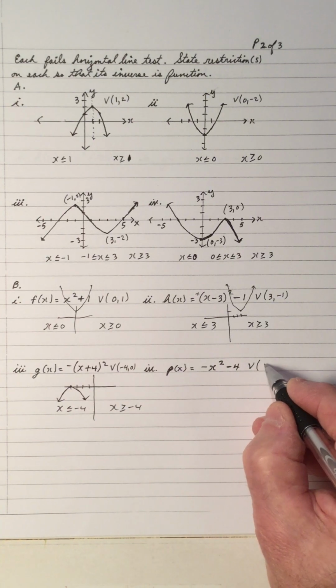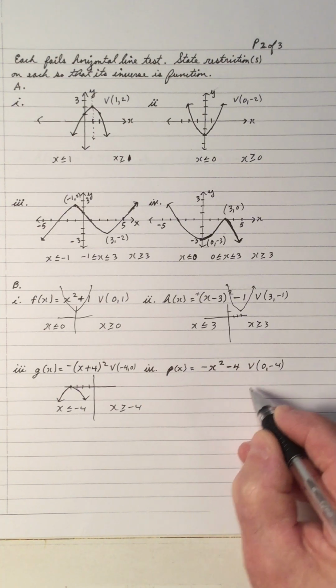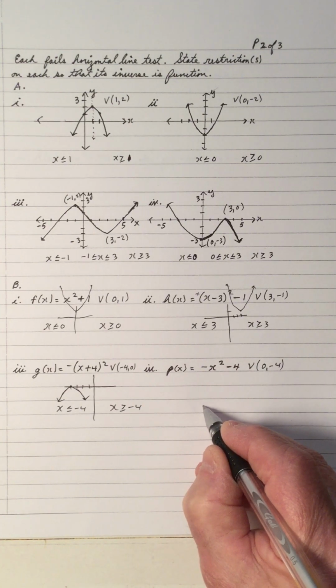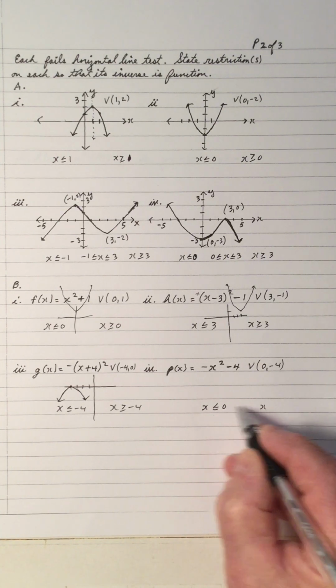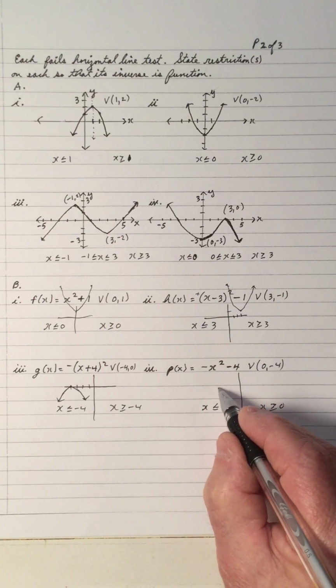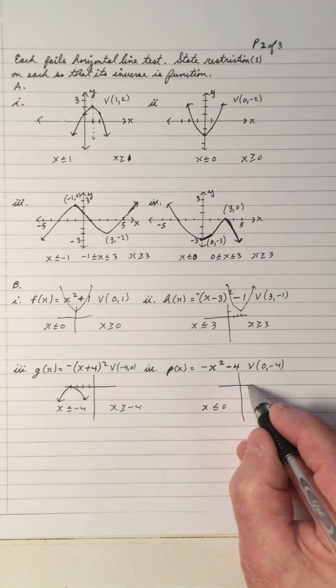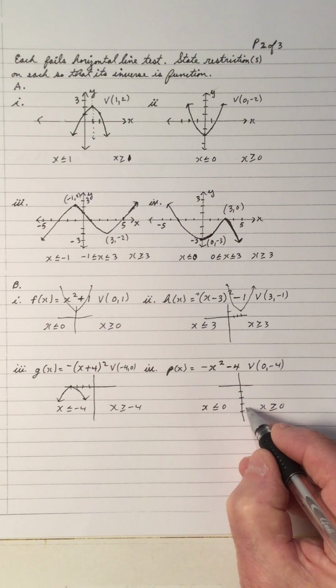And the vertex of this parabola, when x is 0, y is negative 4. And we have 0 is in the middle, so we take less than or equal to 0 and greater than or equal to 0. So we have a parabola whose vertex is x is 0, y is negative 4. Let's say that's right there.